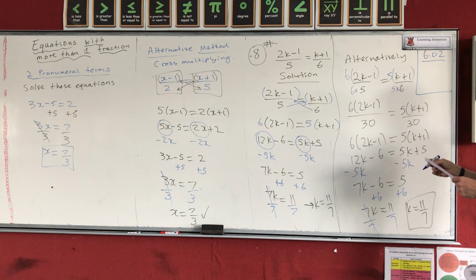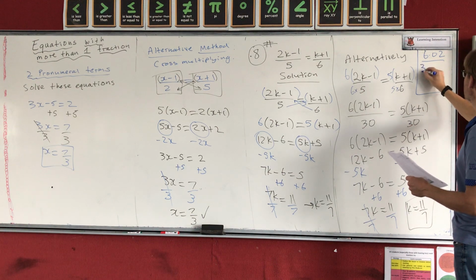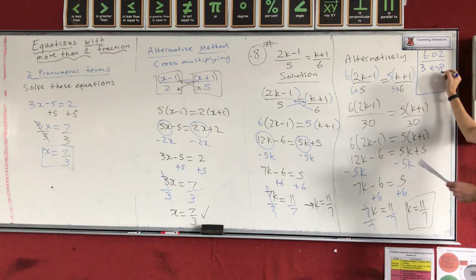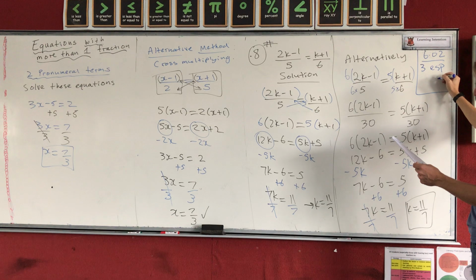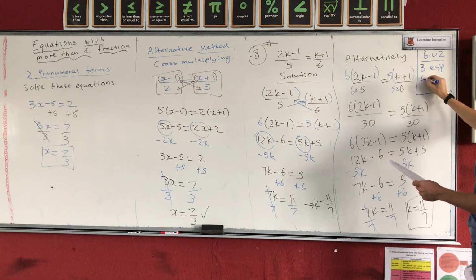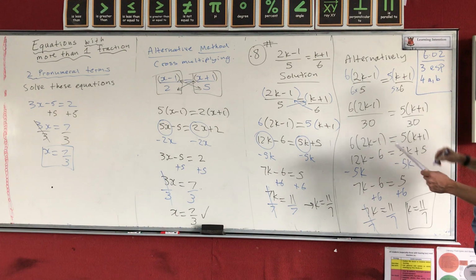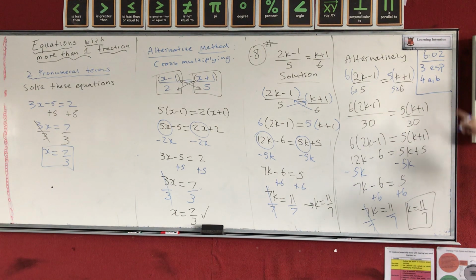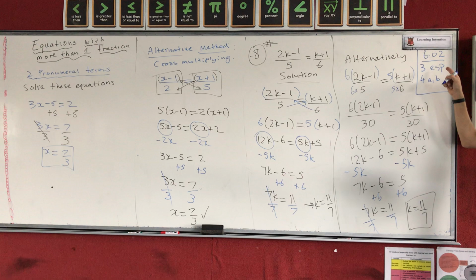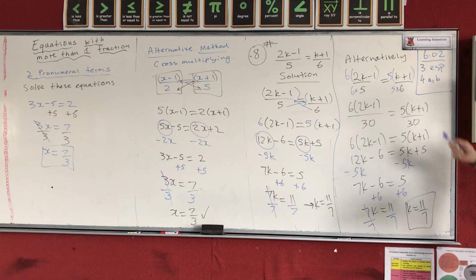And I want you to do question 3, every second problem. And then I want you to do question 4, A and B. Okay? So that's all I want you to do. Basically half the questions. You should be okay with that.